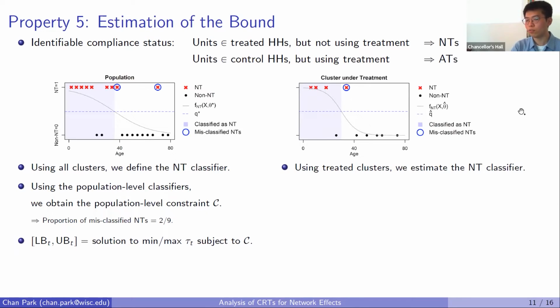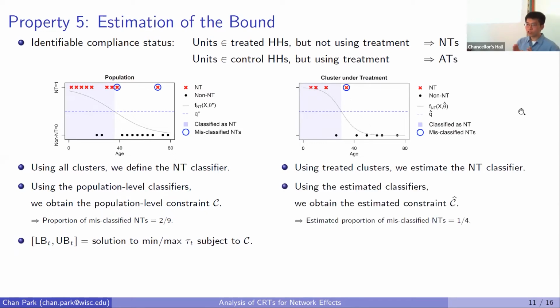So as you can see, the population level classifier curve and the classifier curve from the treated clusters look slightly different. And by using the estimated classifiers, we can obtain the estimated constraints, which use the estimated proportion of misclassified never takers as a quarter, which is different from the true proportion of misclassified never takers, which is 2/9. And by using the estimated constraints, we can solve the linear program again, and that becomes the lower and upper bound estimate.